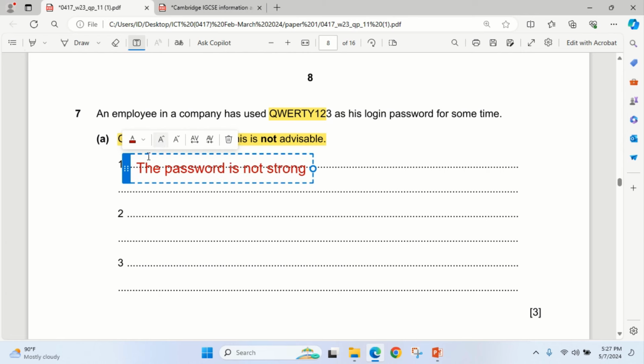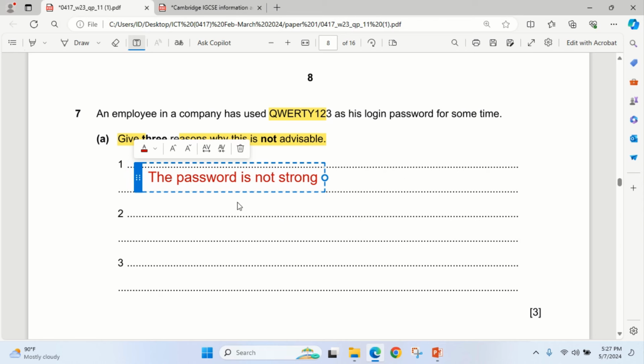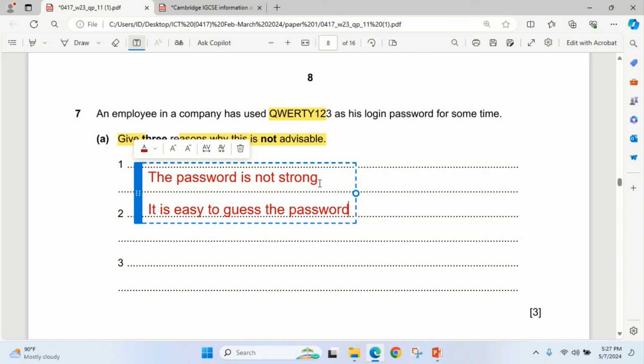As you can see, the password is not strong, and then you can easily guess it. It is easy to guess the password. Another thing you can say is that the letters and numbers are in sequence on the keyboard.